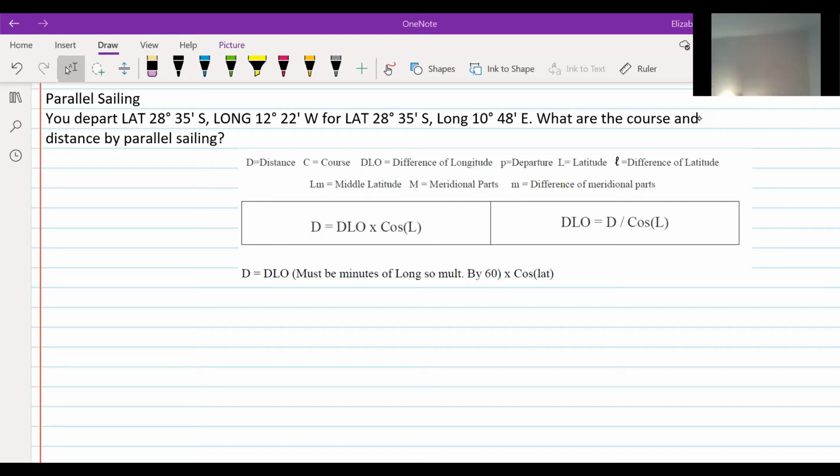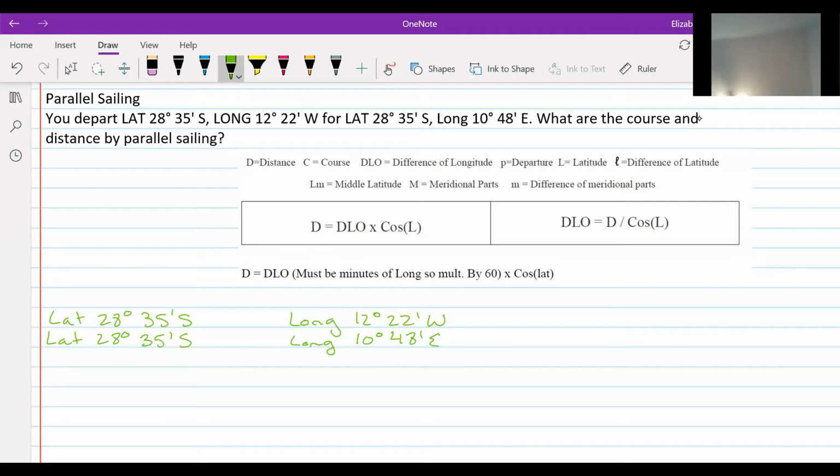So we are departing latitude 28 degrees, 35 minutes south, longitude 12 degrees, 22 minutes west, for latitude 28 degrees, 35 minutes south, longitude 10 degrees, 48 minutes east. What are the course and distance by parallel sailing?